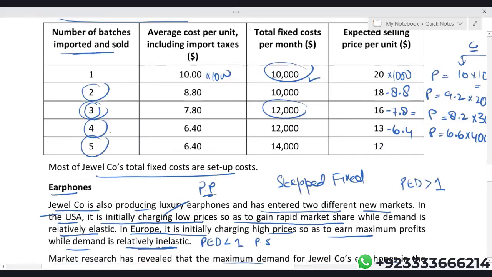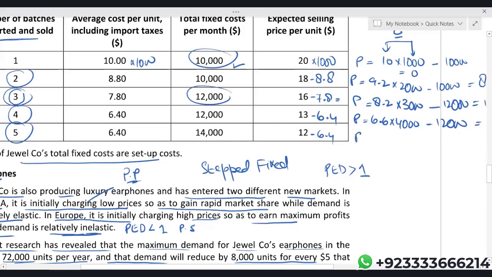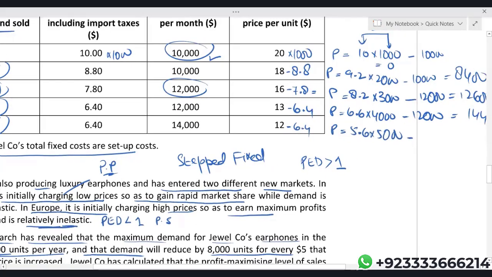In case of 5 batches, the selling price is 12 minus 6.4. 12 minus 6.4, I'm getting a contribution of 5.6. But now we are dealing in 5 batches, means 5,000 units. 5.6 multiplied by 5,000, I'm getting 28,000.